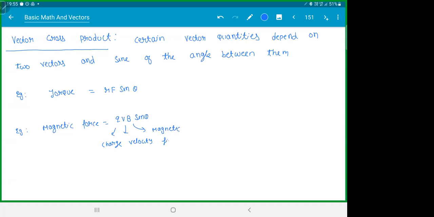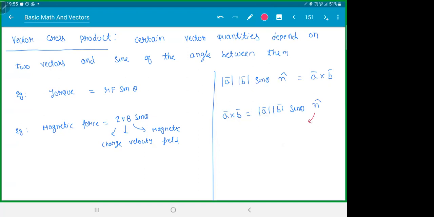So people encountered many quantities like this, and they said, okay, let's replace this with something. So we call it mod A, mod B, sine theta, and this thing has a direction. We will talk about that later on. It is given by A cross B. So we can write A cross B as mod A, mod B, sine theta into n cap.